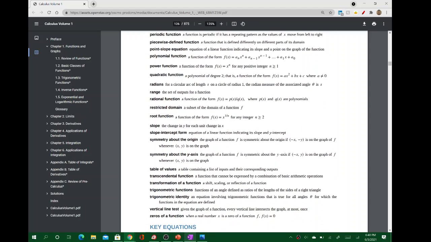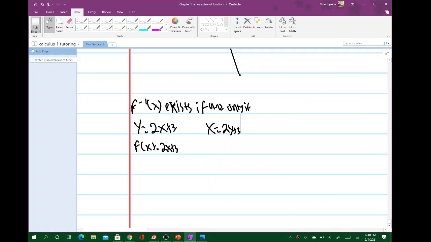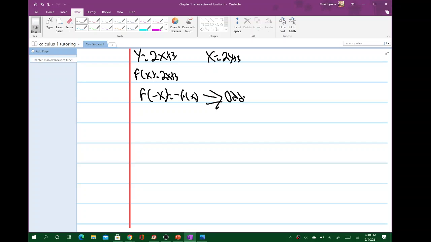Symmetry about the x and y axis. All of that means is, basically, f of negative x equals negative f of x. That means that it is odd. So that means that it is symmetrical about the y-axis. And then f of negative x equals f of x.